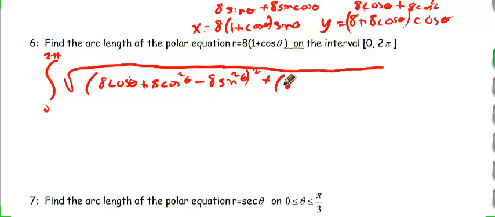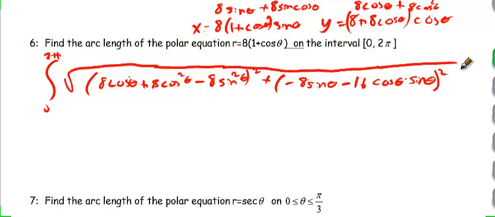Plus negative 8 sine theta. And then drop down your 2. It's going to be a minus here in a second. So the 2 comes down with the 8 up front. 16 cosine of theta times the derivative of the inside, which would be the sine theta. I've already taken care of the negative. Close this off, square it up, d theta.